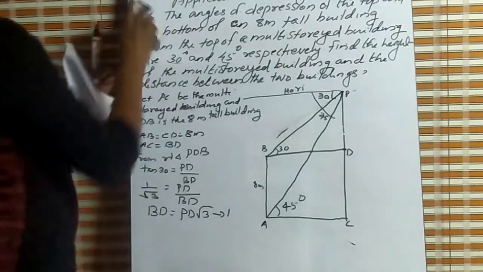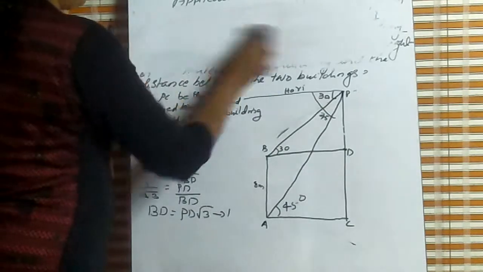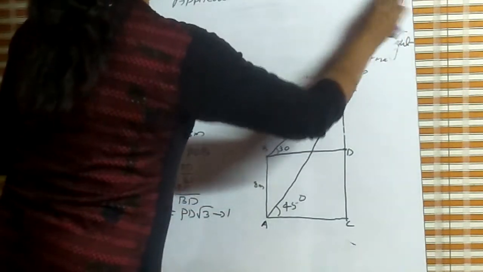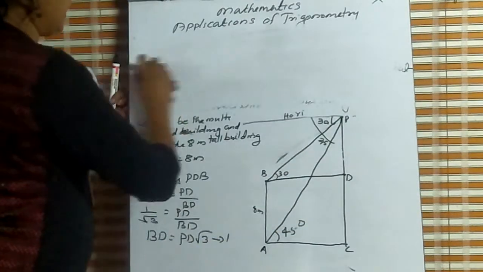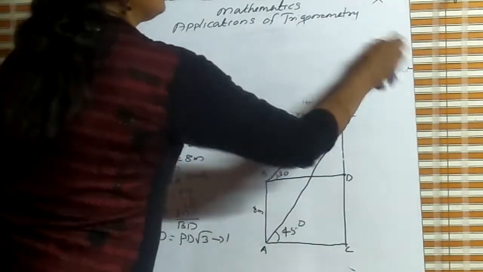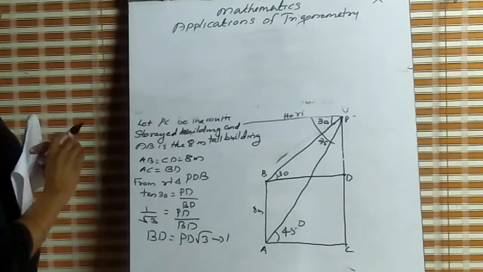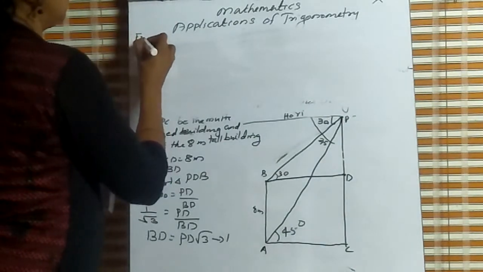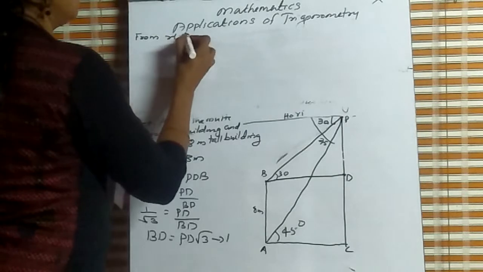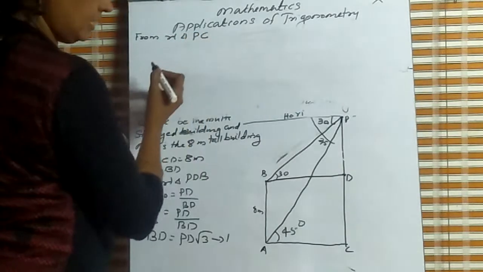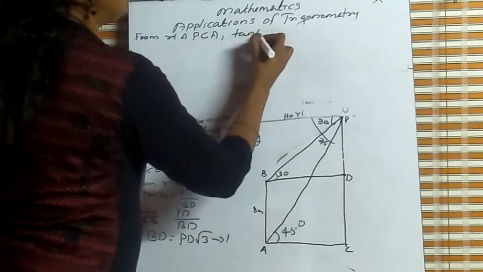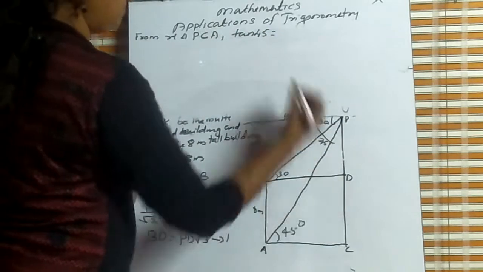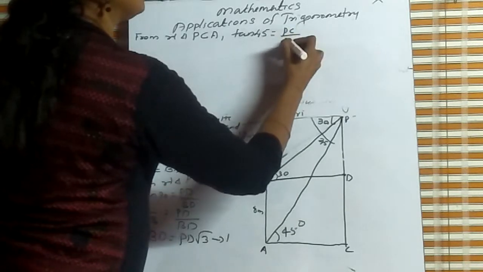Then from the next right triangle, PCA, tan 45 is equal to PC by AC.